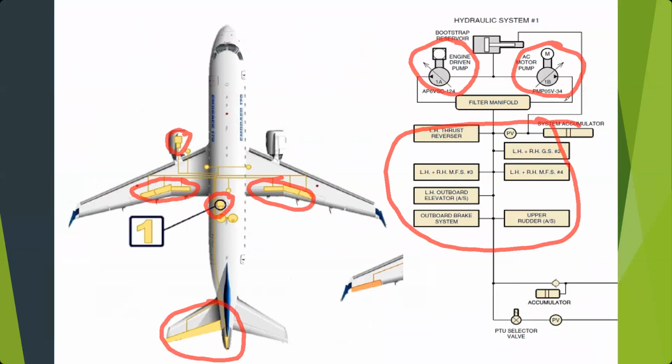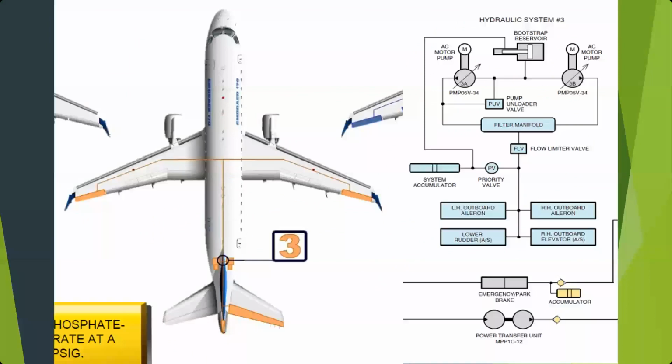The other thing I want to point out is most of your flight controls. Here you can see the ailerons can be controlled by the primary flight controls. The ailerons get power from the number 3 system. The ailerons also get power from the number 2 system. The left elevator gets power from the number 1 and the number 2 system. The right elevator gets power from the number 2 and the number 3 system.